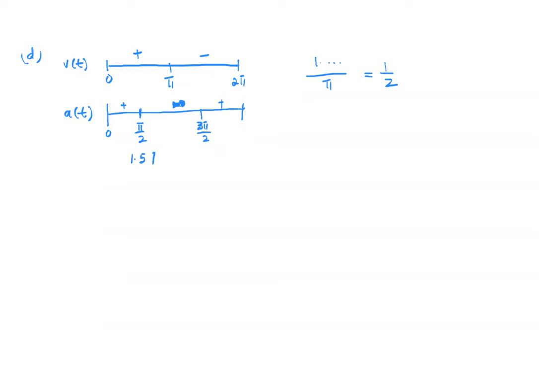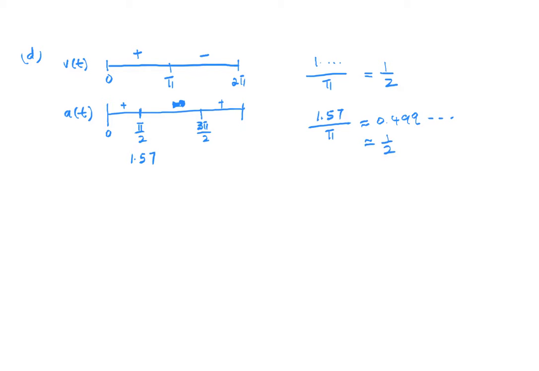So now you take out your calculator, 1.57, you divide by pi. So what do you get? Yeah, you get approximately 0.499999999, right? So it's approximately half. So that's why pi by 2.